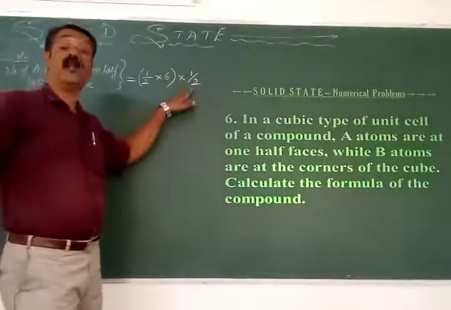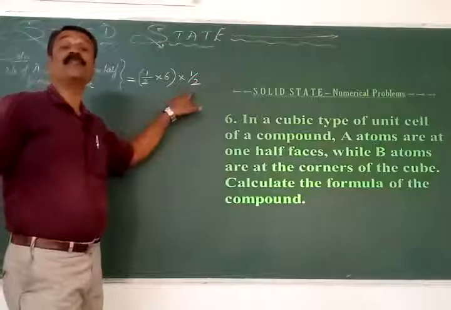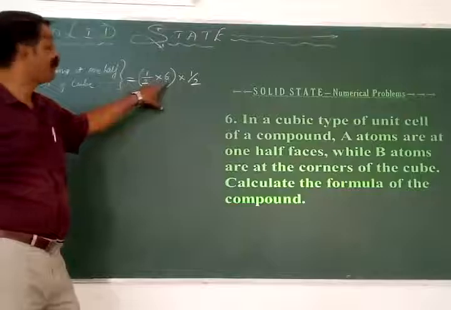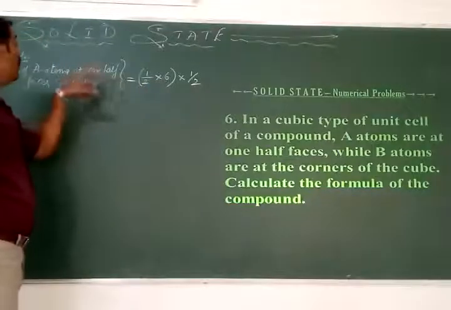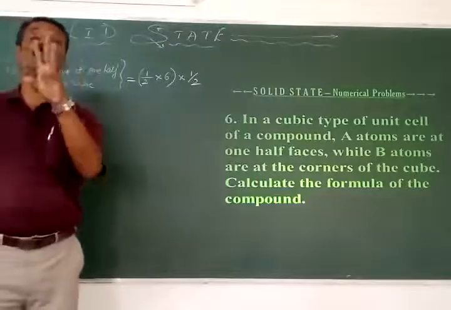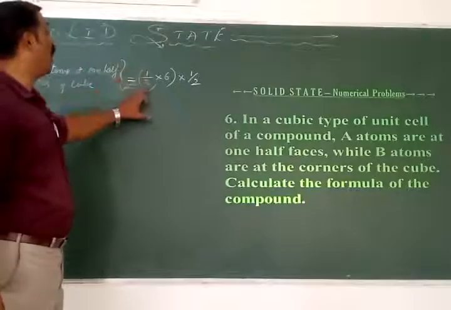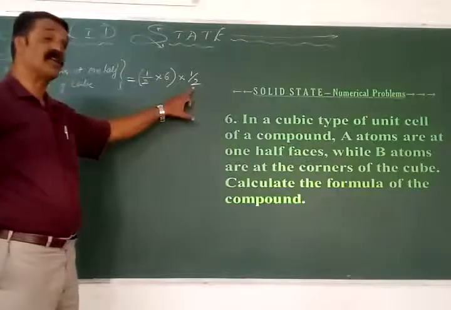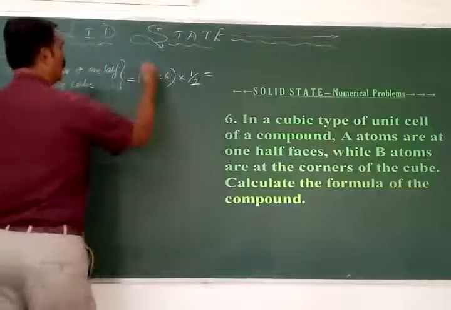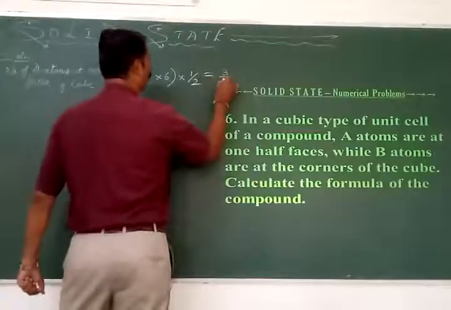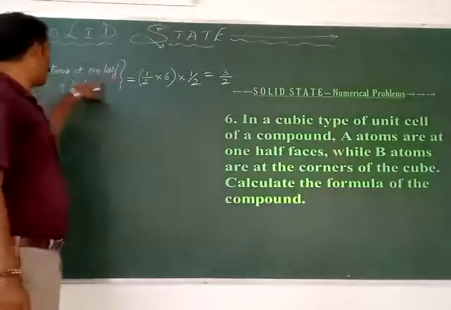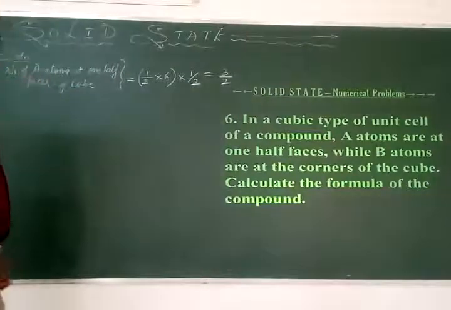Totally 6 faces, but only one half of the faces, among the 6, only 3. Half of the 6 into the contribution 1 by 2. So on simplification, it is 3 by 2. What is 3 by 2 here? It is the number of A atoms which are at one half of the faces of the simple cube.